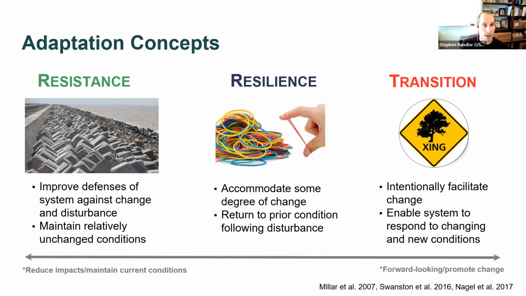And typically in kind of a land management context, in the history of published literature so far on climate adaptation, you'll often hear climate adaptation actions being sorted into three general concepts or three options that we call them as kind of highest conceptual level of ways to respond to climate change risks. And so we put those three main adaptation options on the screen here: resistance, resilience, and transition.